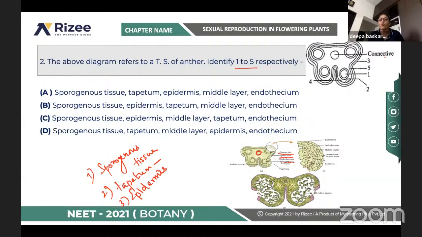Number 4 is the middle layer, and the last one, 5, is the endothecium. So 4 layers and sporogenous tissue are given: sporogenous tissue, tapetum, epidermis, middle layer, endothecium. Option A is the right answer.